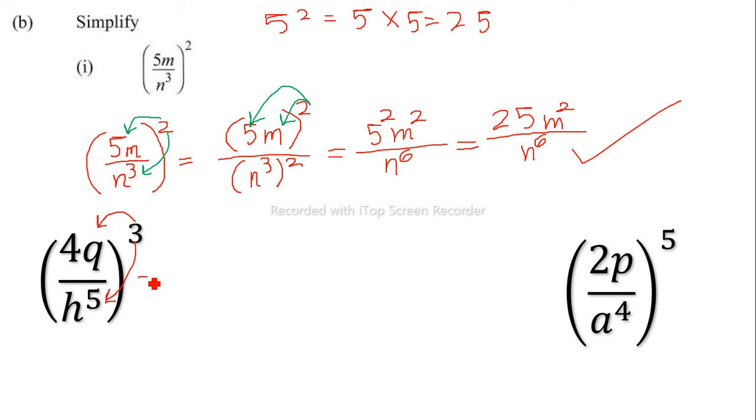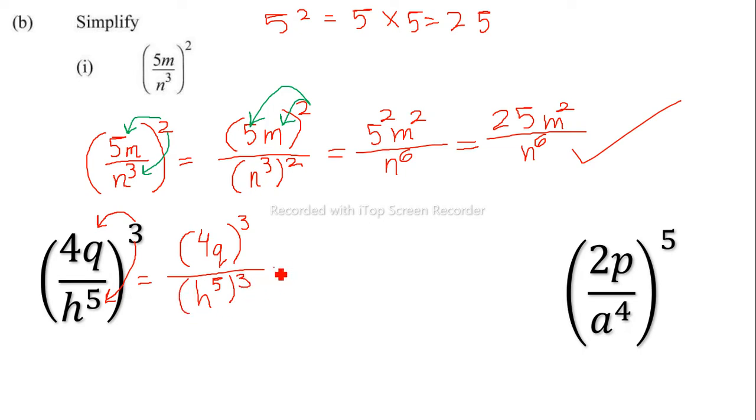So it's going to be equal to 4q to the power of 3, all divided by h to the power of 5 times 3.